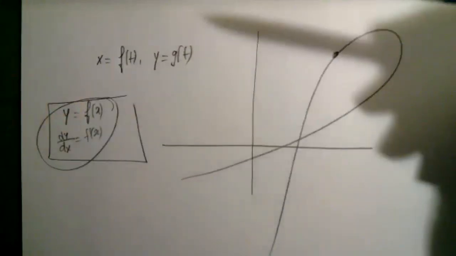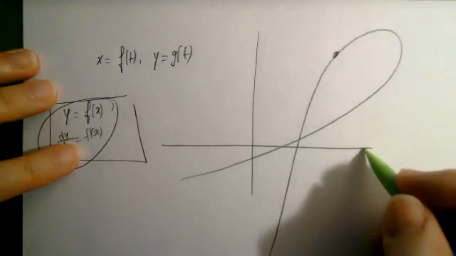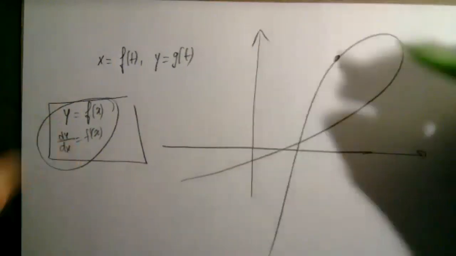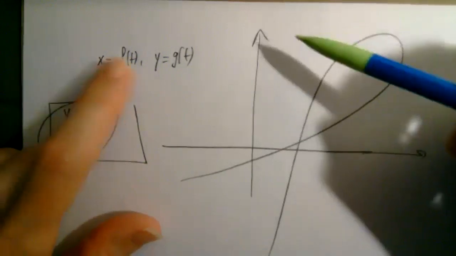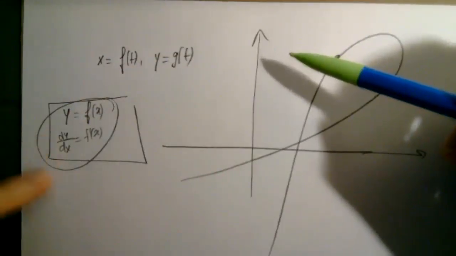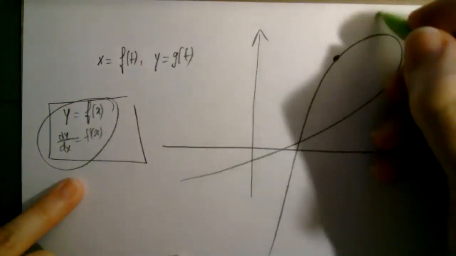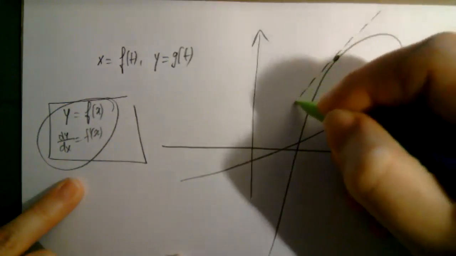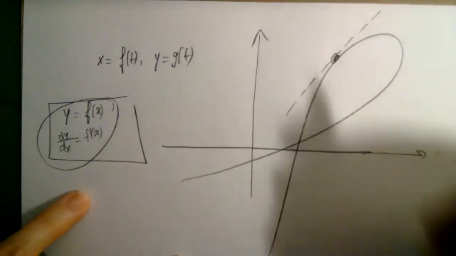Now, I don't have y as a function of x because we decided yesterday we cannot do that. So the question is, if x and y are given in terms of a parameter t, how can I still find the slope? So this is the line, that's the tangent line. And the question is, what is the slope?